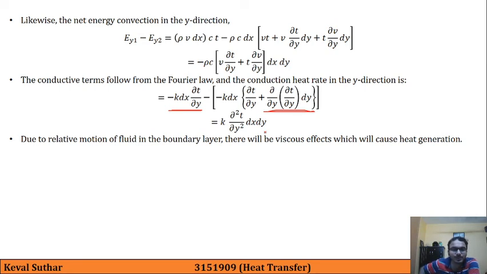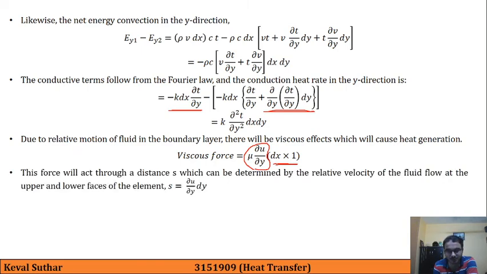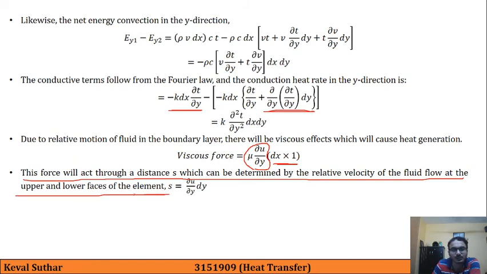Now we are going to discuss the viscous effects and their subsequent heat generation value. Viscous force is given by this, that is, this is the viscous stress or shear stress, and this is the area dx into 1. This force will act through a distance s, which can be determined by the relative velocity of fluid flow at the upper and lower faces of the element, that is s is equal to du upon dy into dy.